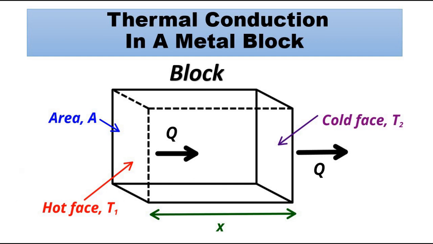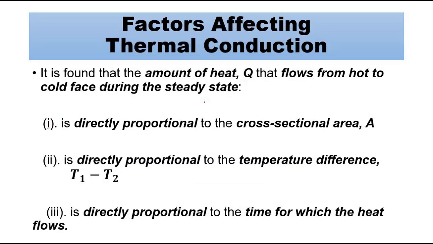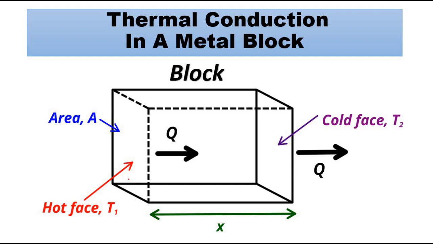Now experimentally it has been found that the amount of heat flow Q is dependent on these factors, whether direct or inverse relationship. So the amount of heat flow Q that flows from the hot to the cold face in the steady state, not the variable state, steady state, when different points acquire a steady temperature beyond which the temperature cannot increase.